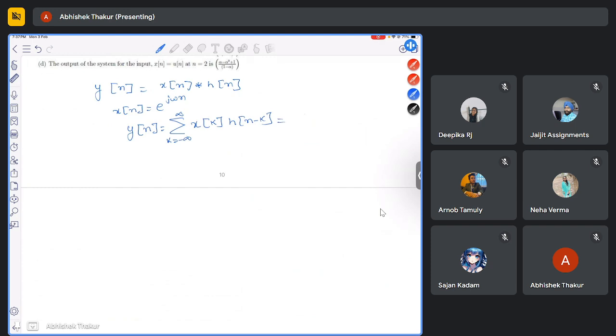And we can also write in an alternate way, x of n minus k into h of k. Both are possible.